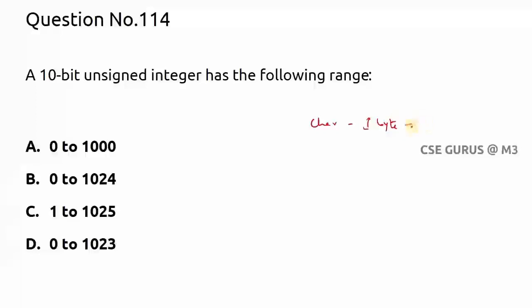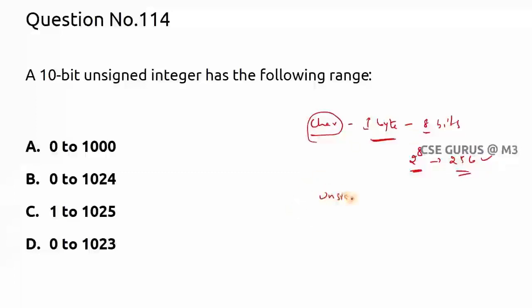How to calculate the values? 1 byte means how many bits do you need to consider? 8 bits. Each bit takes either 0 or 1, that is 2 values. Totally 2 power 8, 256 values it can consider. The character data type can store totally 256 values. What are those 256 values?